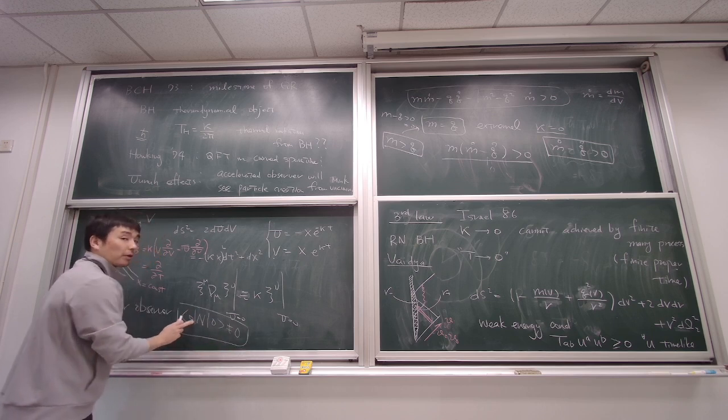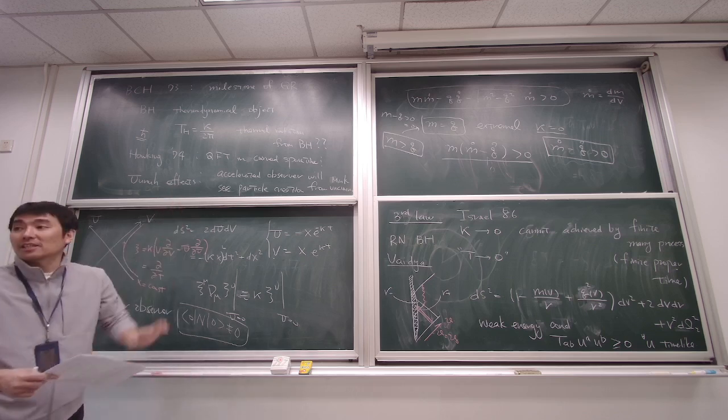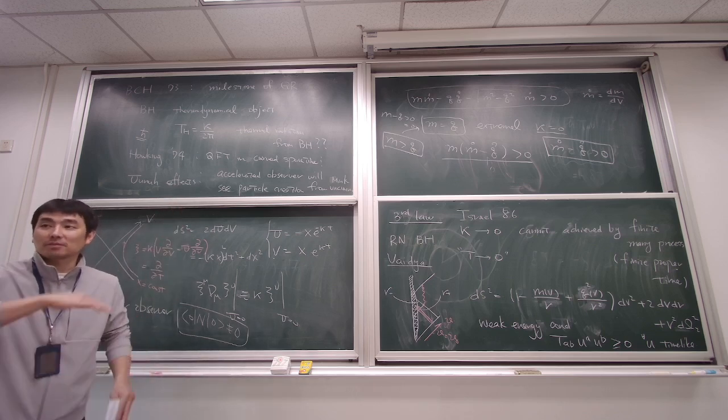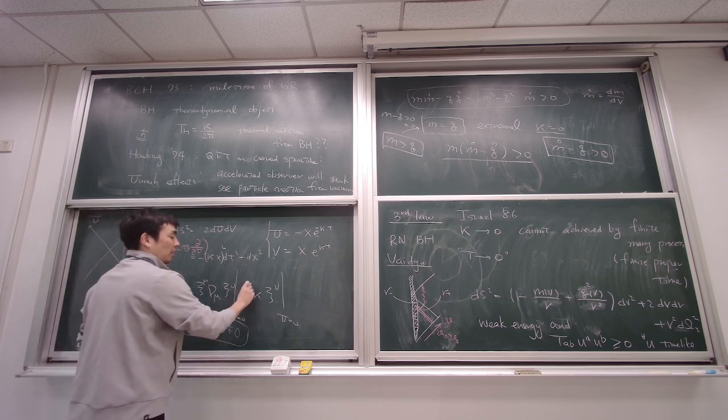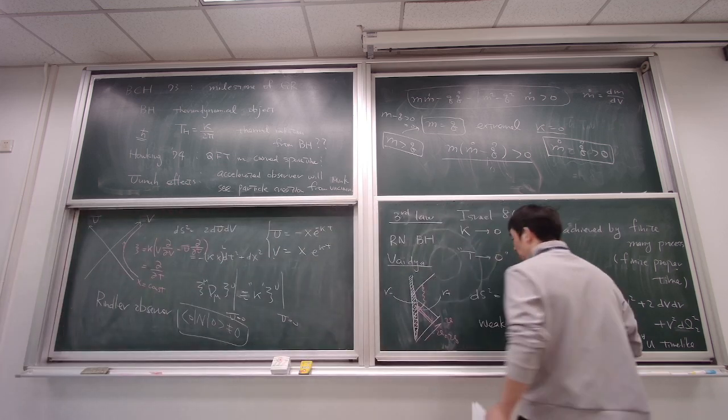N is a number operator in the QFT. So that is called the Unruh effect, and more precisely, this particle creation has some thermal distribution, whose temperature is kappa over 2 pi. Kappa over 2 pi. So that is called the Unruh effect, and we are going to see from now on. We are going to derive this Unruh effect.